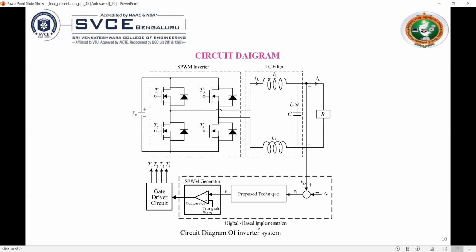In the digital based implementation, we'll have a proposed technique and an SPWM generator, from where sinusoidal pulse width modulation will be generated. Next will be a gate driver circuit, which will trigger our MOSFETs T1, T2, T3, and T4.